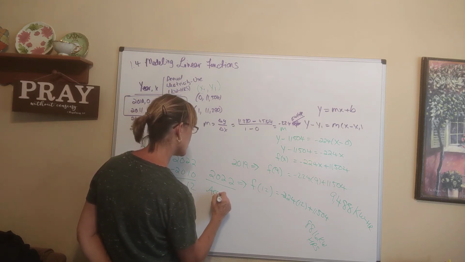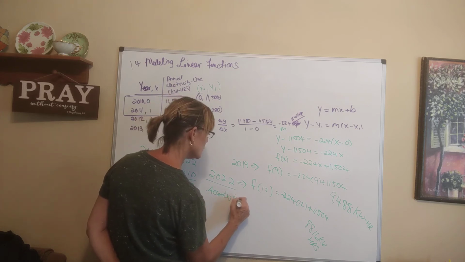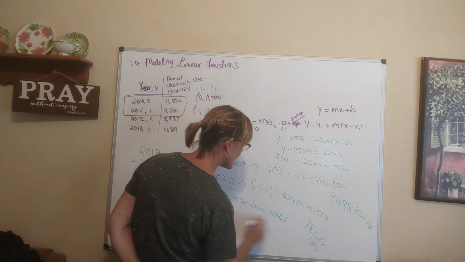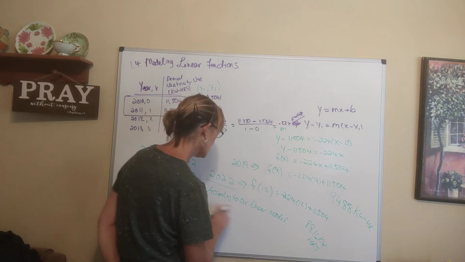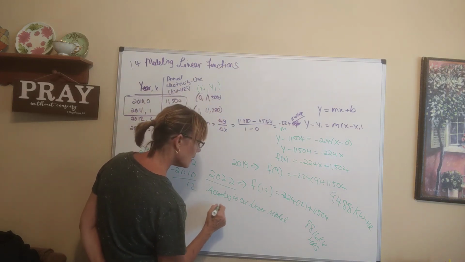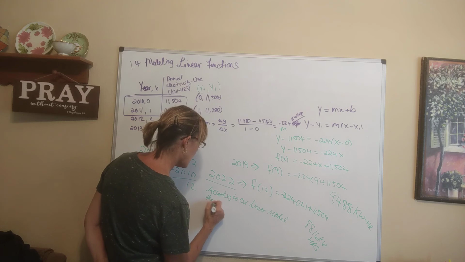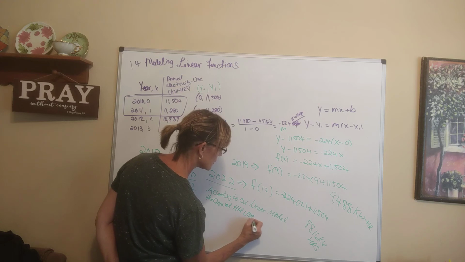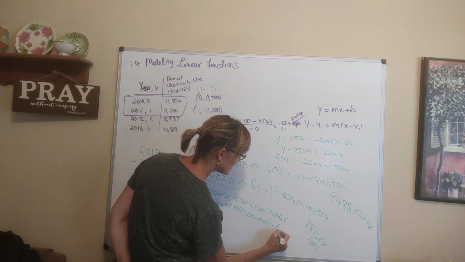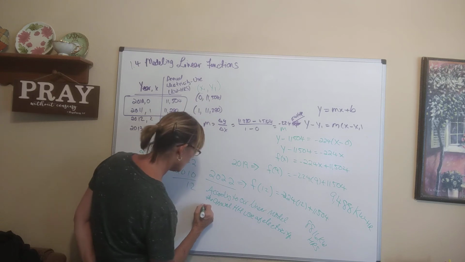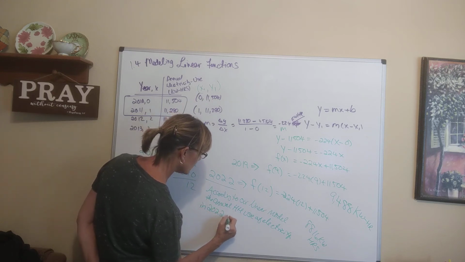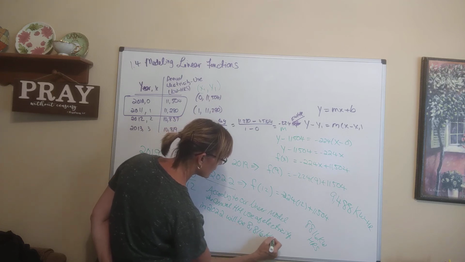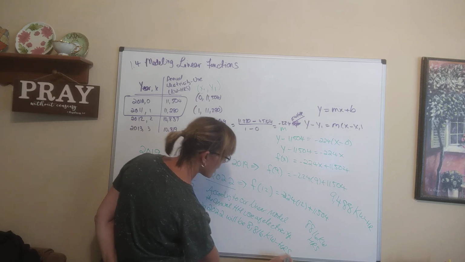According to our linear model, and I'm saying this out loud because I know you can't read my writing, according to our linear model, the annual household use of electricity in 2022 will be 8,816 kilowatt hours.